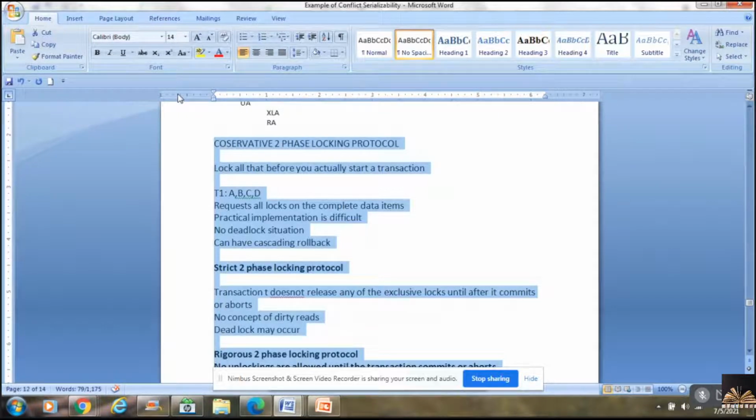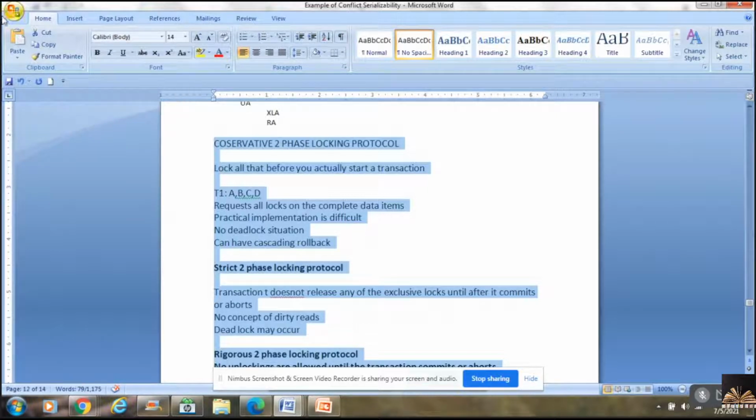And in the previous case only, I told you, getting all the locks on the database items is highly impossible. So the practical implementation of this particular mechanism is very less.